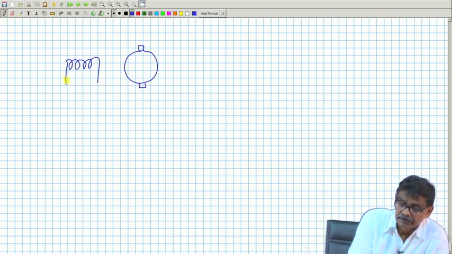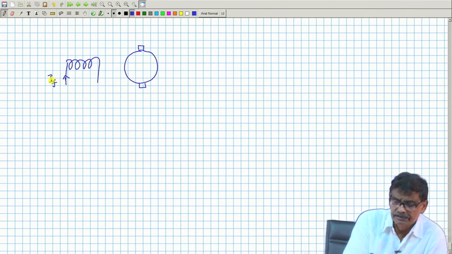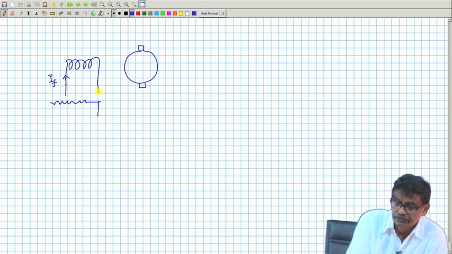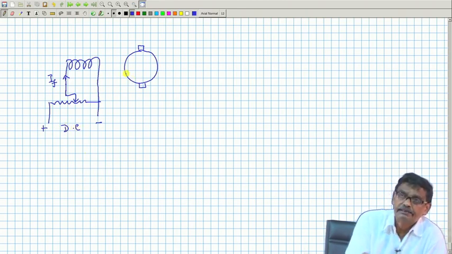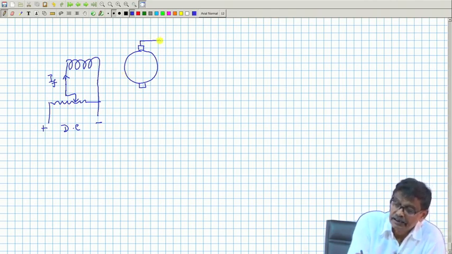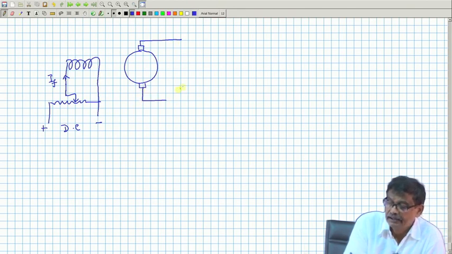You pass some field current, please try to follow me. Suppose this is the IF, and because of this IF, where you have connected perhaps a potential divider connection, you can vary the field current also, plus minus. You require a DC source like that, and it is a separately excited DC machine, the field winding is excited. Now, of course, there will be a generated voltage.